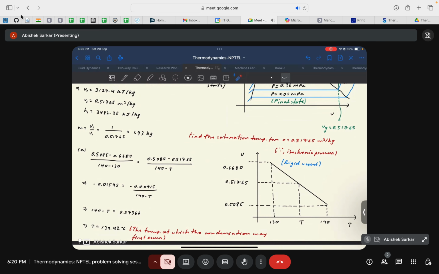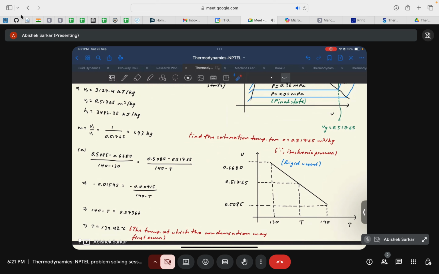If you look in the steam table, it's not necessary that you will directly get the value of temperature for this exact value of specific volume. So you might need to do some kind of interpolation.